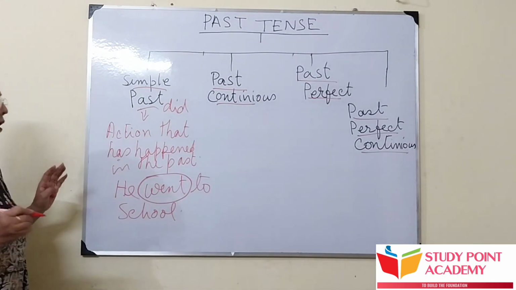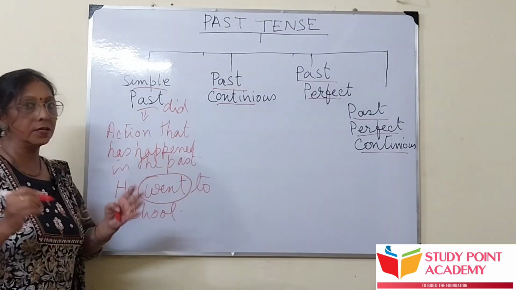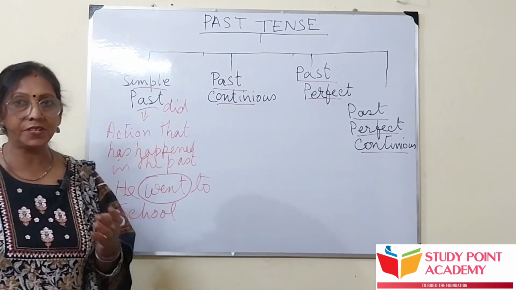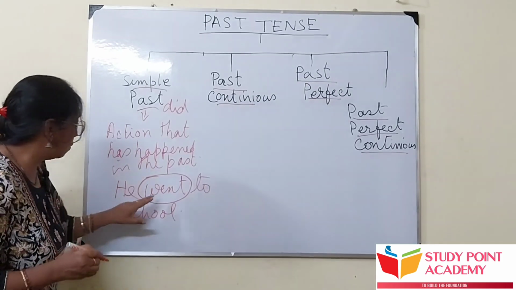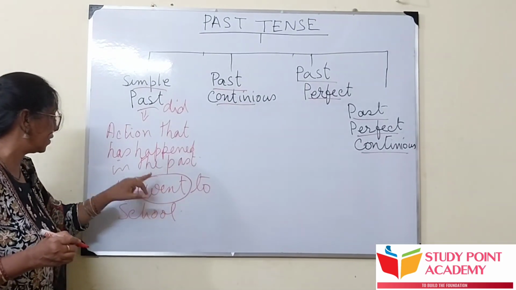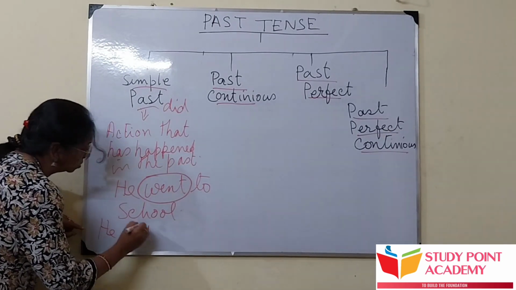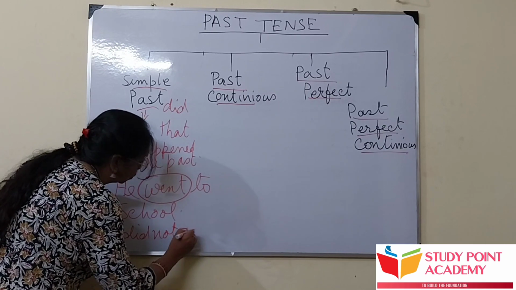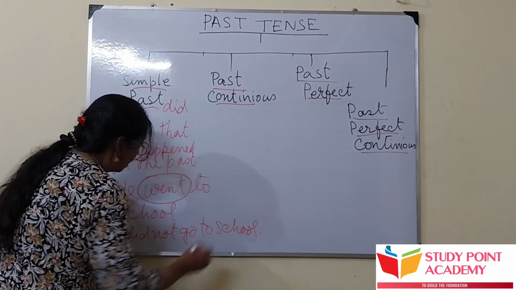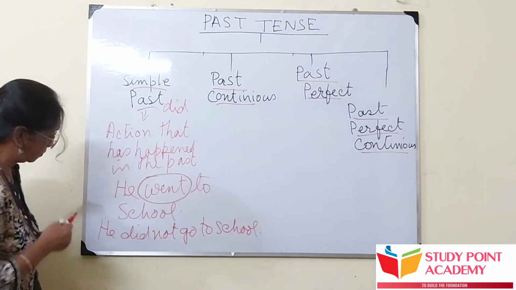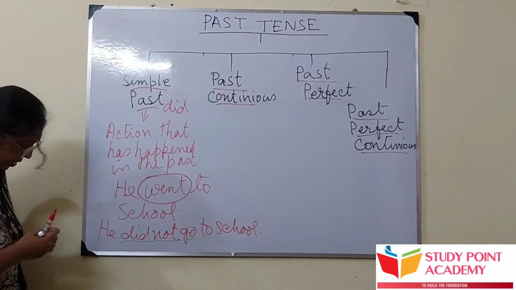If you want to write this sentence in negative form, because all the sentences we are learning in present tense, past tense and future tense have two forms, affirmative and negative, how will you write it? He did not go to school. Did not go.